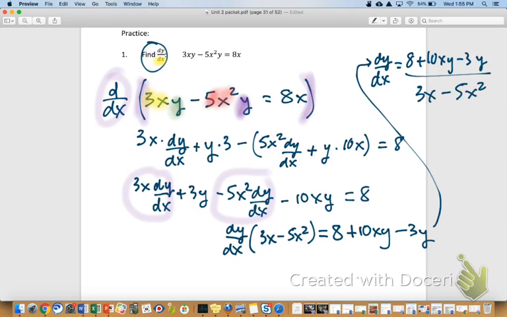If I told you, let's find the slope of the tangent line at, I'm just going to make something up, it probably doesn't fit, (1,7), you'd plug a 1 in for all the x's, a 7 in for all the y's, and do some arithmetic and be done. And is that how you want us to give our final answer, just like that? Yeah, the reason is, all it said is find dy/dx. So at that point, you're saying dy/dx equals all this stuff, and I'd say you're good.